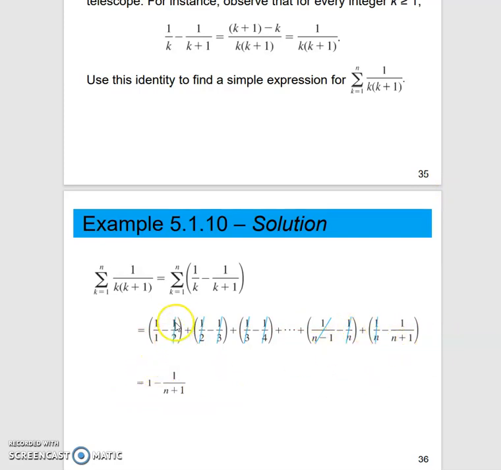I get a negative 1/2 here, but then immediately, when I start the next term, I get a positive 1/2. And similarly with the 1/3 and the 1/4 and so on. So in other words, everything crosses out except the very first term and the very last term. And so that sum will always simplify to just that. It's a special property.